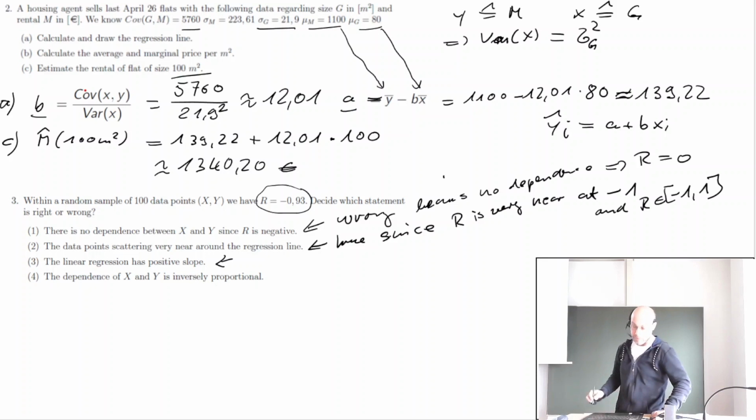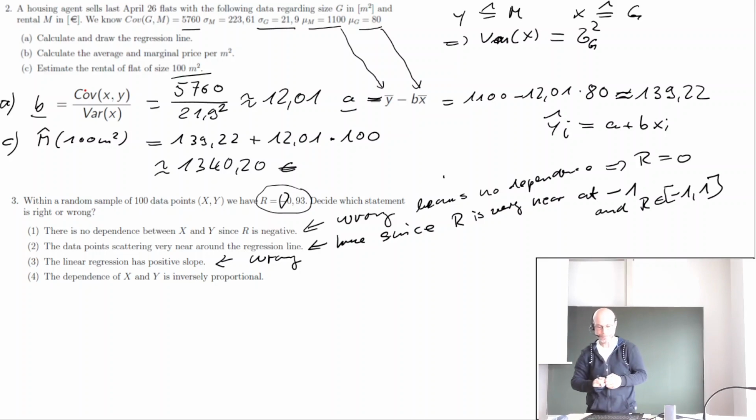So the answer wrong is true. And why is this statement wrong? Because R is negative. So this is the information of the negative sign in front of our correlation coefficient. If this is negative, then we know, remember the exercise we have just done.